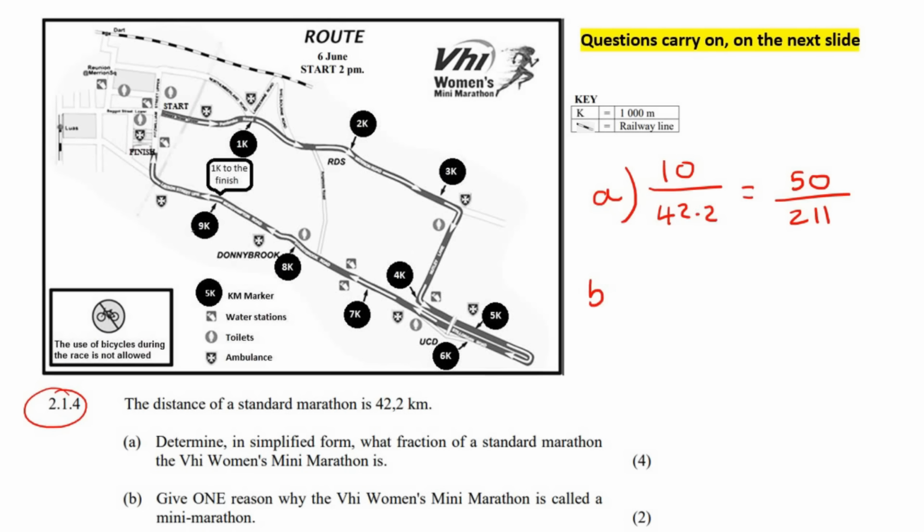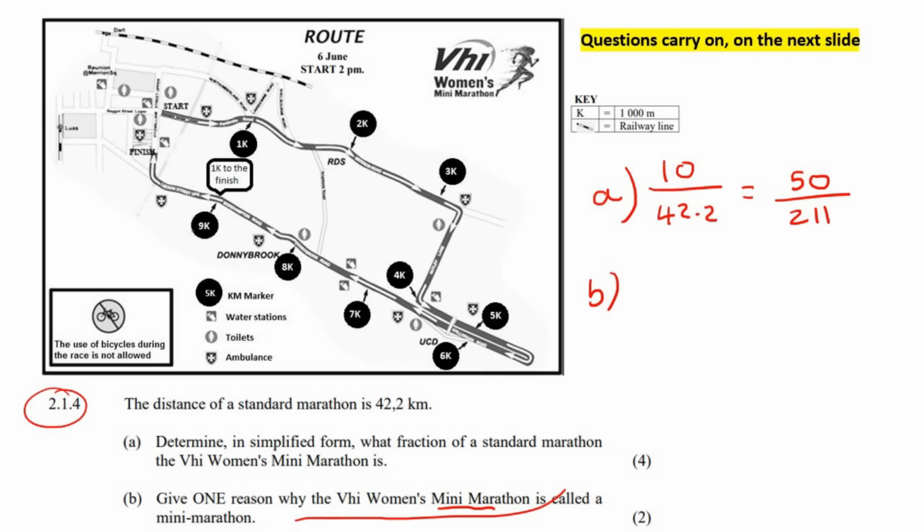Now the next one, which is part B, says give one reason why the VHI women's mini marathon is called a mini marathon. Well, it's because the distance that they are running is not the same as a normal marathon, so it's less. So they're calling it a mini marathon.